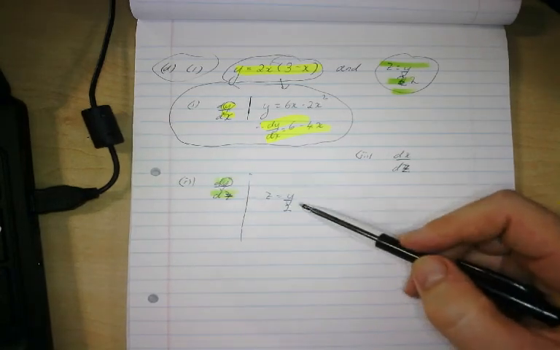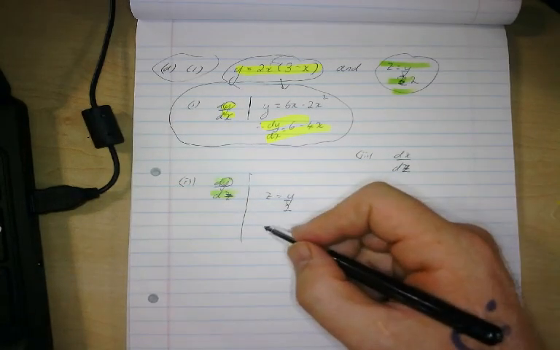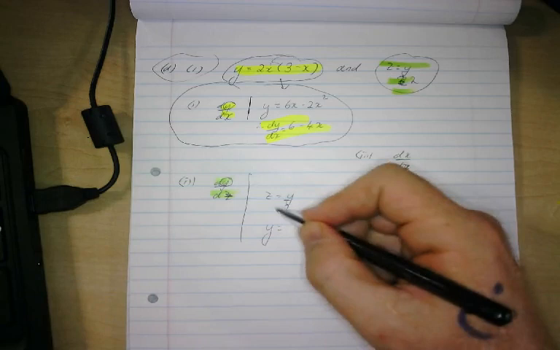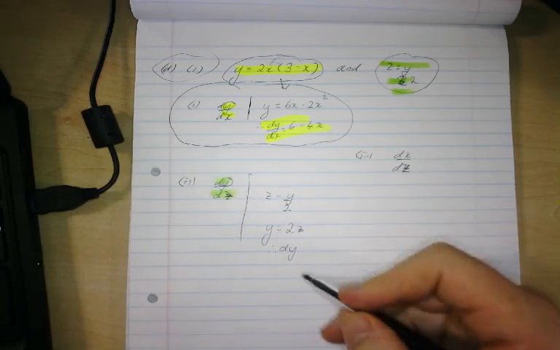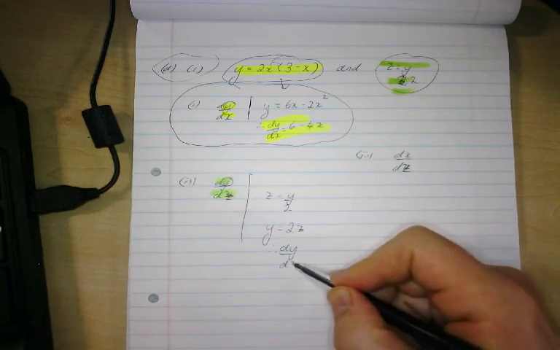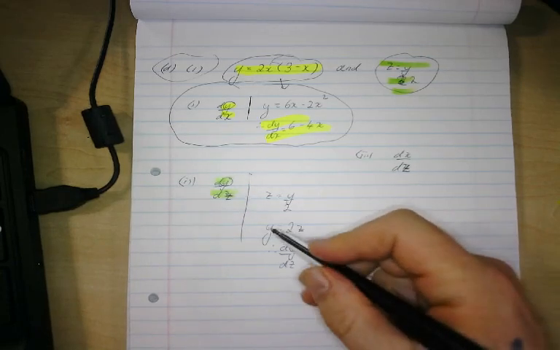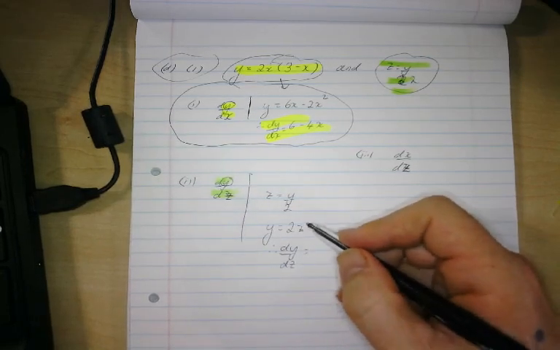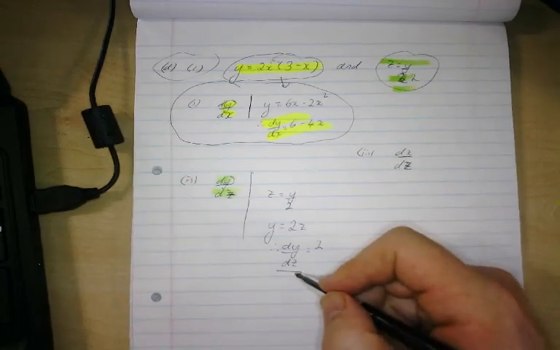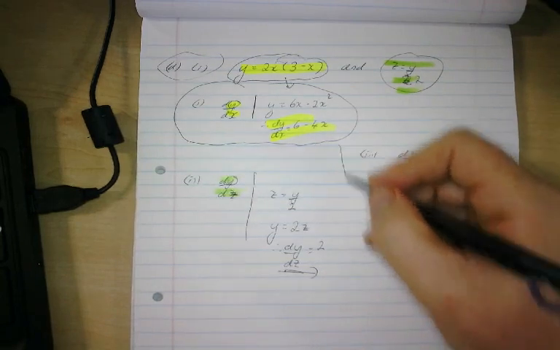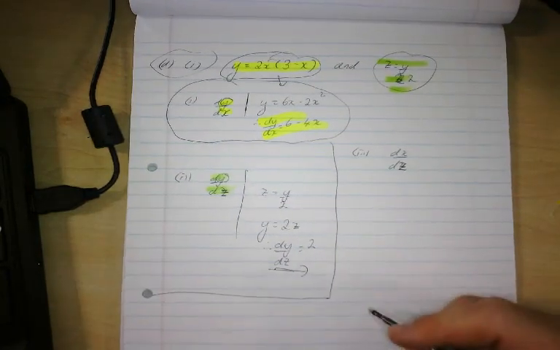Whatever's at the top has to be on its own. To do that, I multiply by 2, so I get y is equal to 2z. Now I can differentiate y with respect to z, and it's linear, so it'll just be equal to 2. So there is your answer: dy/dz is equal to 2.